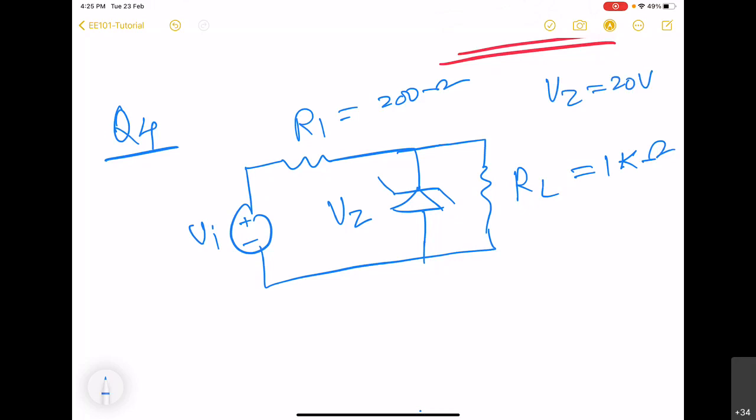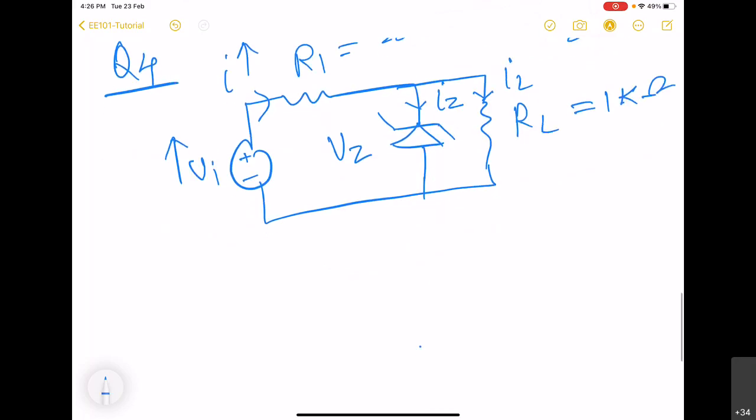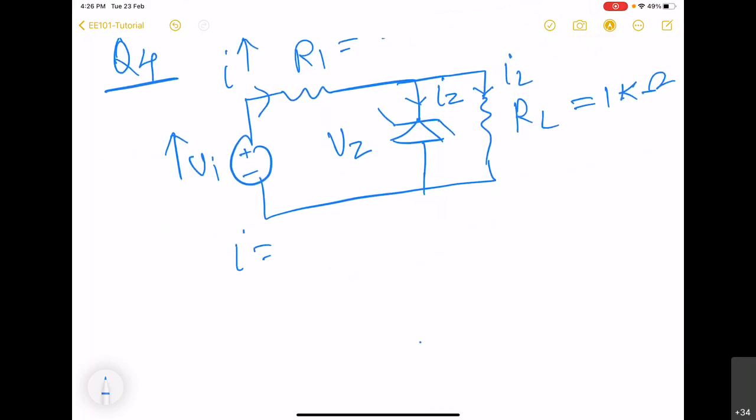So here we know that when this VI is increased, there will be current I, which in general will increase. And in general, this current will get split into two branches, that is IL and I Zener. So we will always have I is equal to IZ plus IL in general, whenever IZ exists.